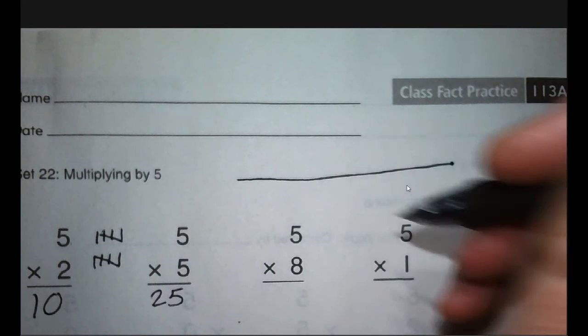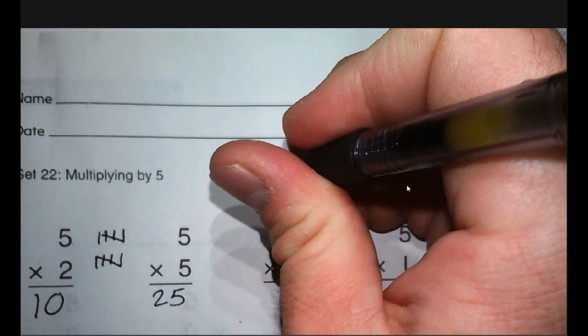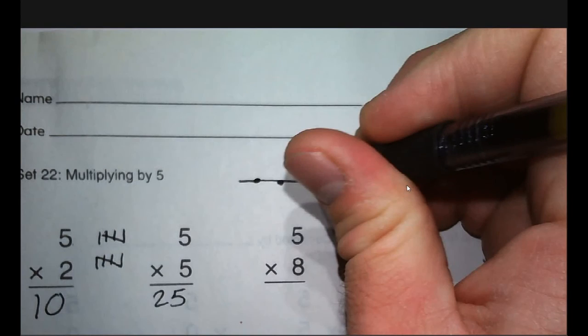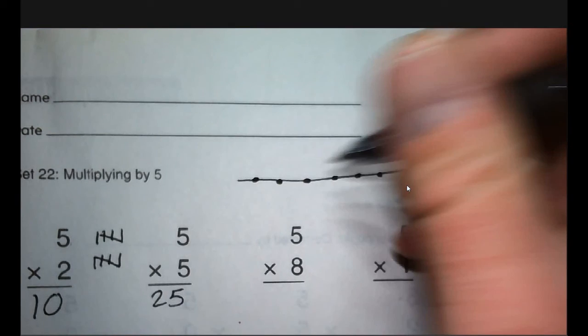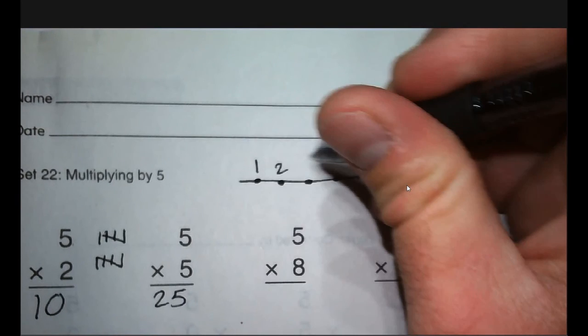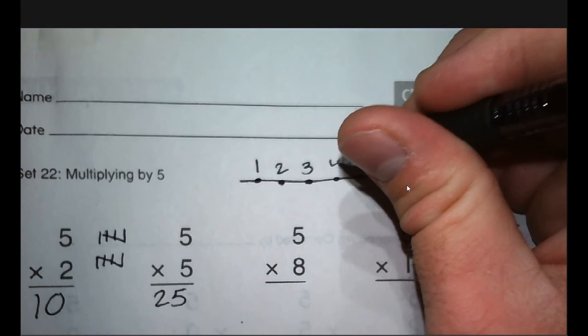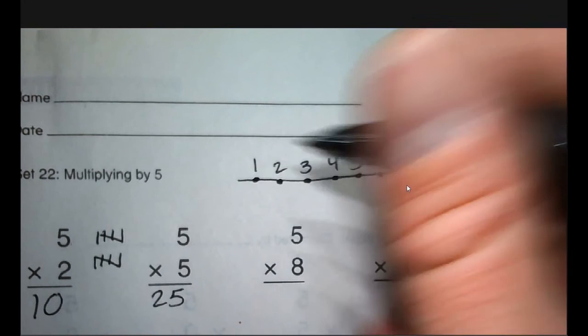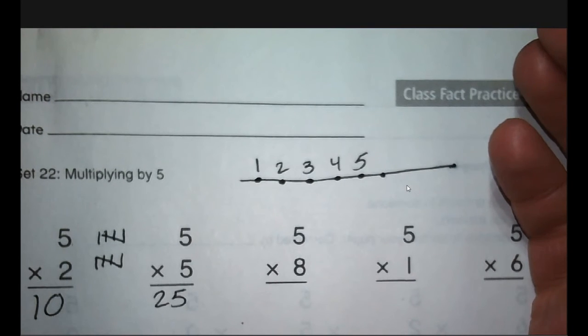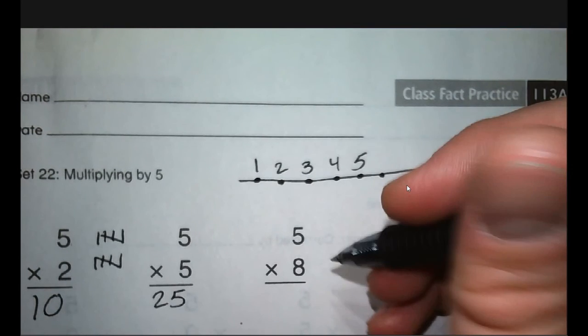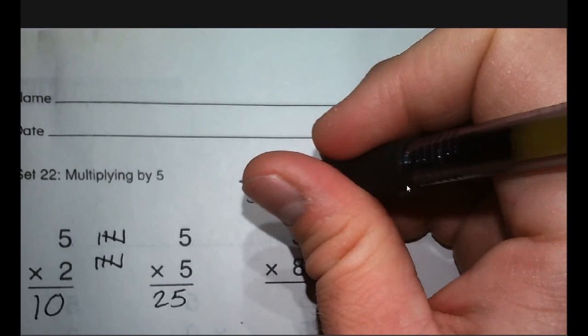And I'm just going to write the numbers 1, 2, 3, 4, and 5. And then underneath each number, I'm going to write a number that you would use to count by 5s. So 5, 10, 15, 20, 25.